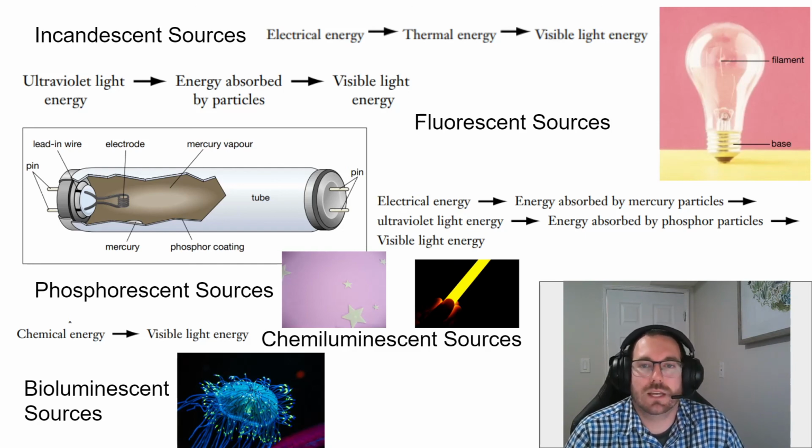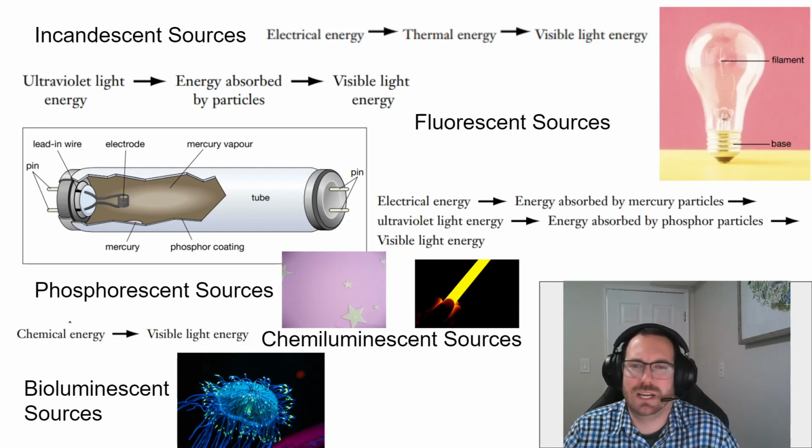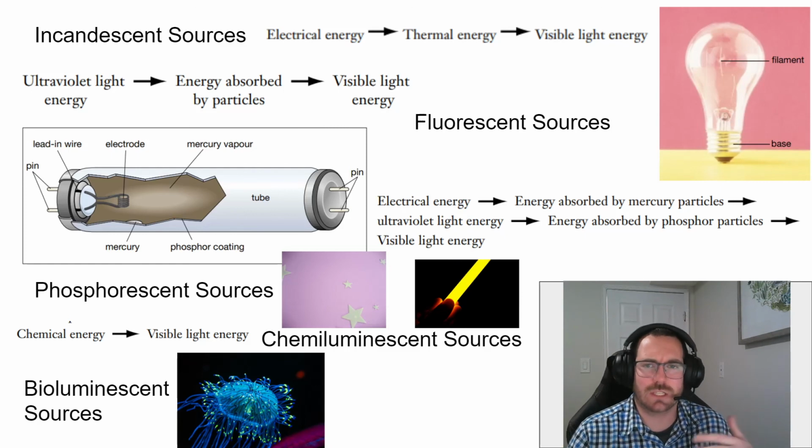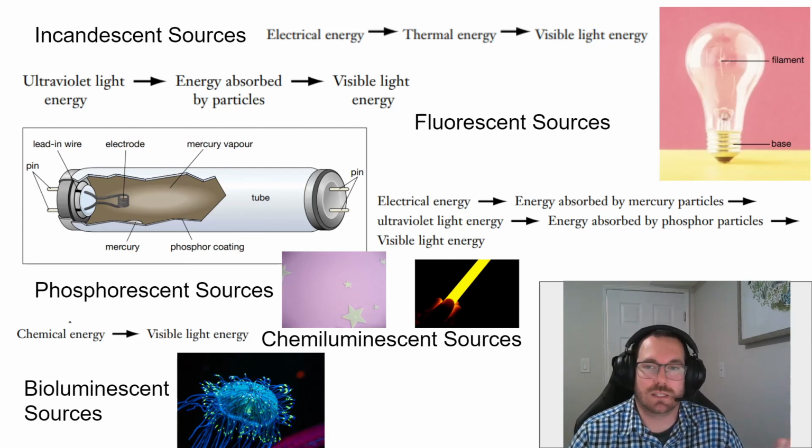These animals cannot be incandescent or fluorescent sources. Instead, they rely on chemiluminescence. They rely on chemical reactions inside their own bodies to provide the energy for light. This special type of light produced in living creatures is called bioluminescence. The result is known as a bioluminescent source of light.